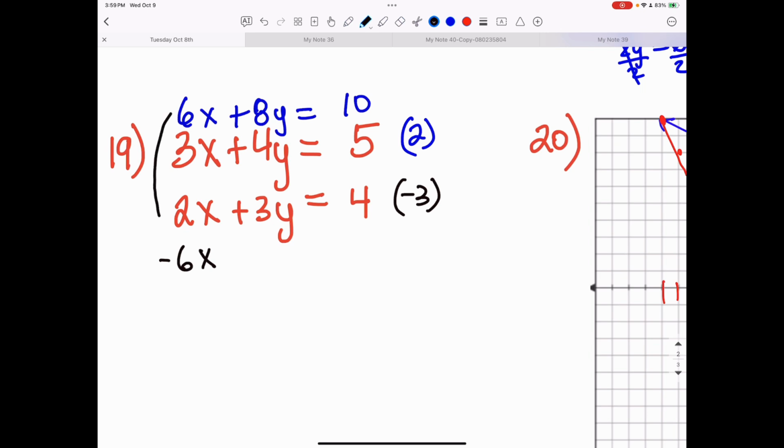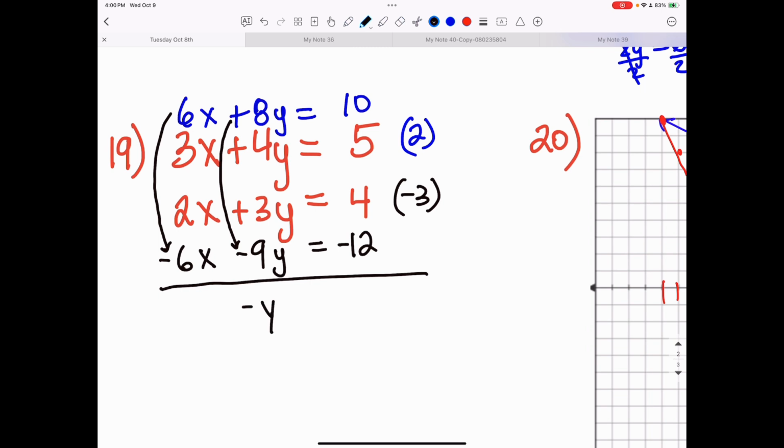And I need it to be negative so that it kills the positive 6x. So let's go negative 9y multiplied by negative 3. Multiplied by negative 3 is negative 12. And now I can combine things. 8 versus negative 9y's, the negatives win by 1y. 10 versus negative 12, the negatives win by 2. I'm going to top versus bottom, just the negative. I just want to kill the negative because I don't want negative y. I just need positive y. So this negative kills this negative and y equals 2.